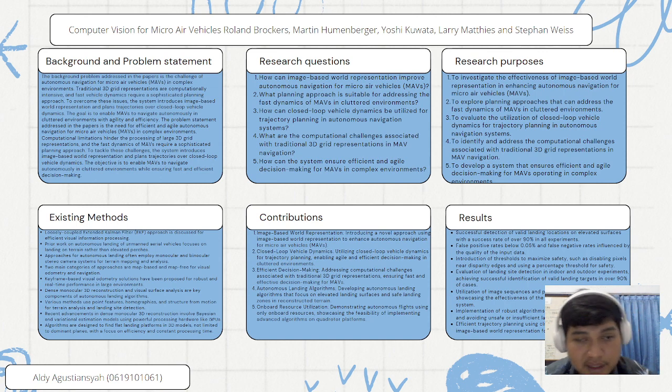Approaches for autonomous landing often employ monocular and binocular stereo camera systems for terrain mapping and analysis.